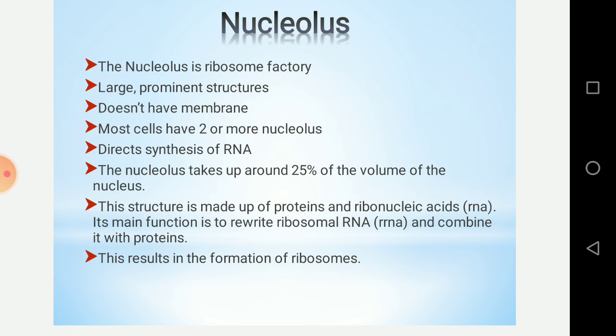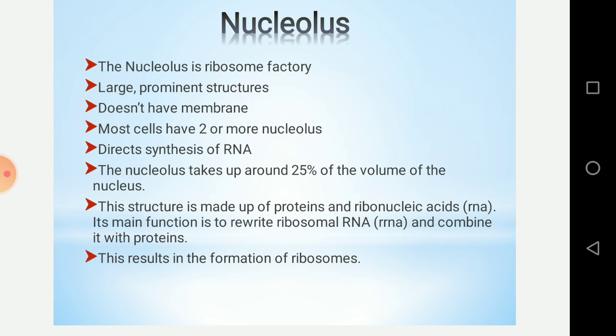The nucleolus is a ribosome factory. All the ribosomes which afterward get attached to the endoplasmic reticulum and do protein synthesis are synthesized in the nucleolus. The nucleolus is a large, prominent structure; in the nucleus we can easily observe it.